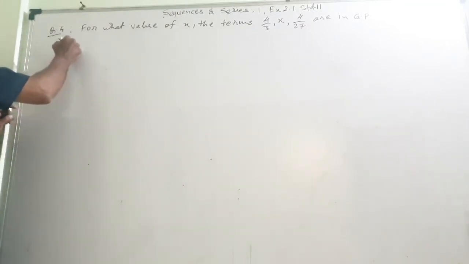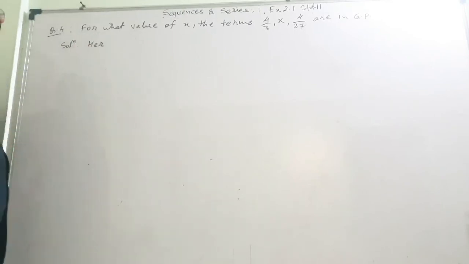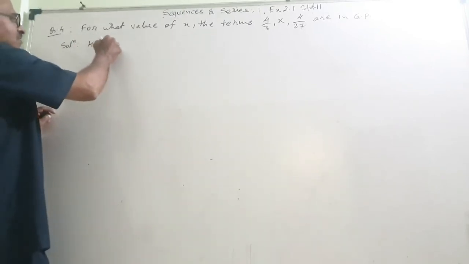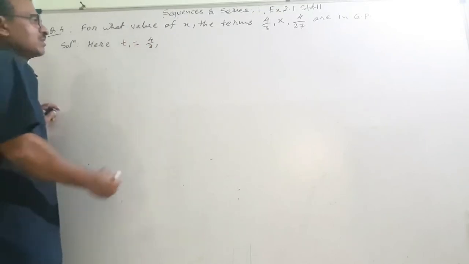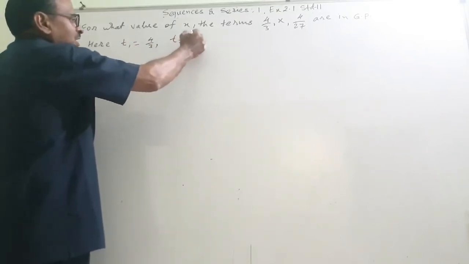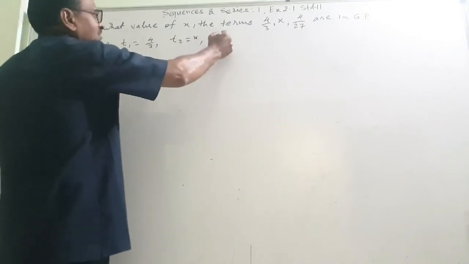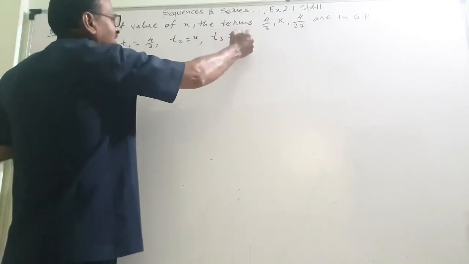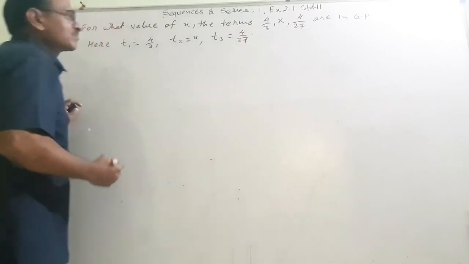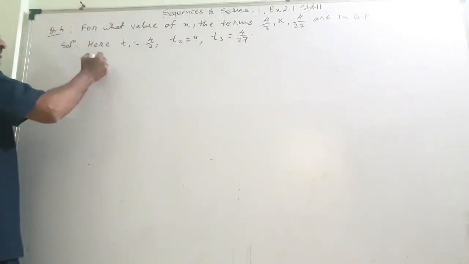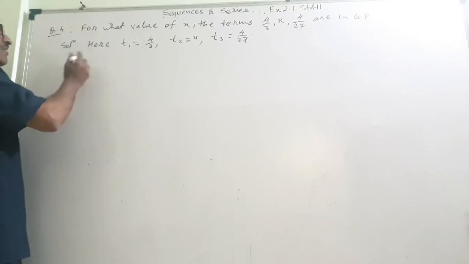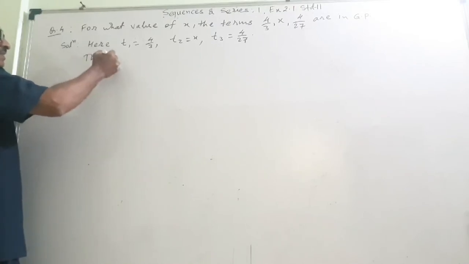Solution. Here T1 is equal to 4/3, T2 is equal to x, T3 is equal to 4/27. These numbers are in GP, as given.